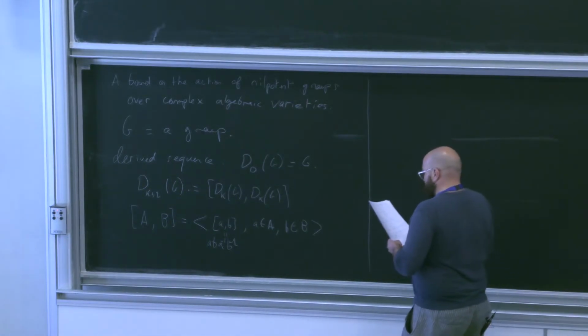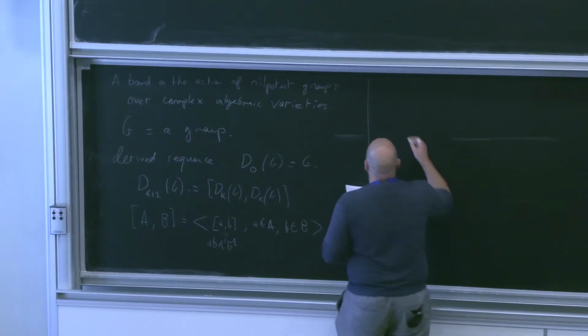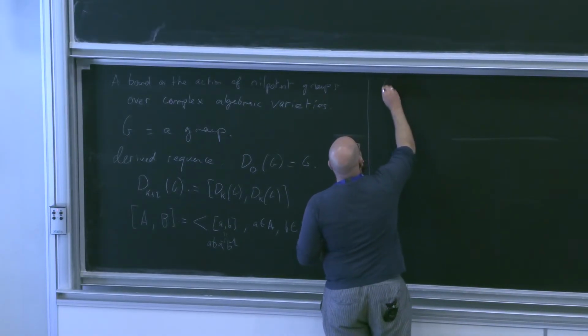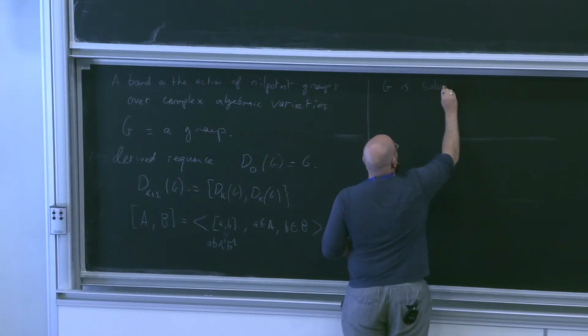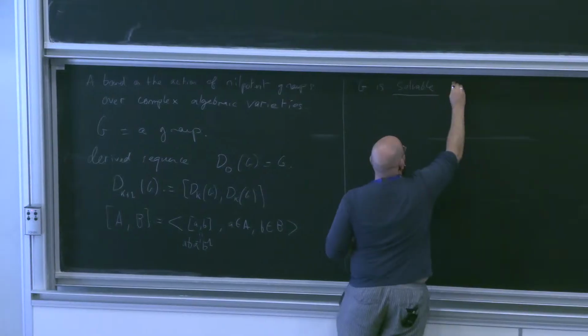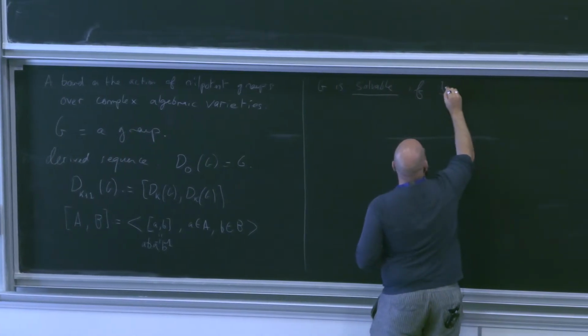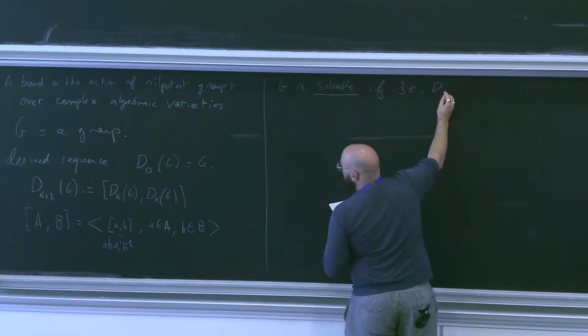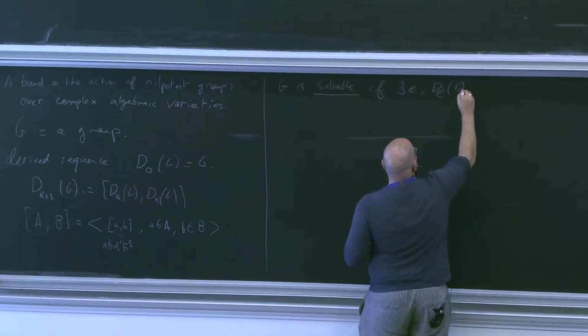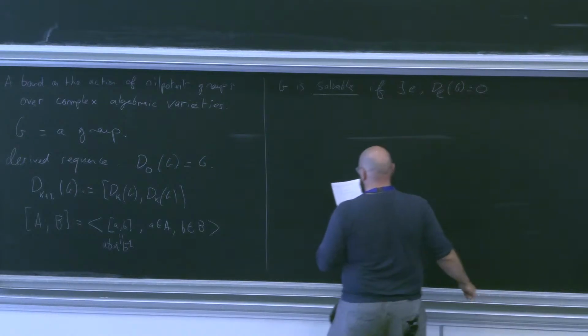So this defines a sequence of subgroups, and we say that G is solvable if there exists an index such that the sequence stops. Okay.